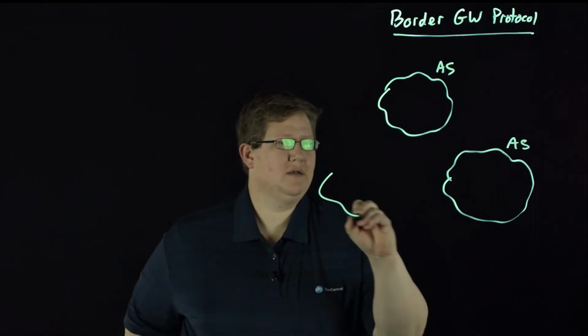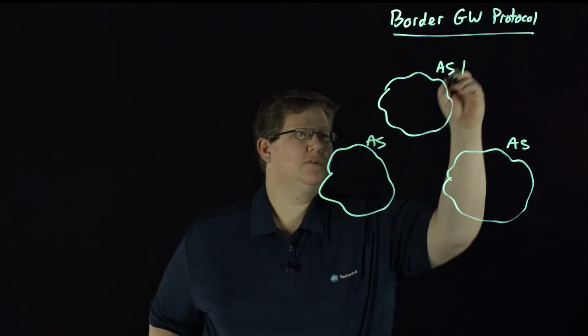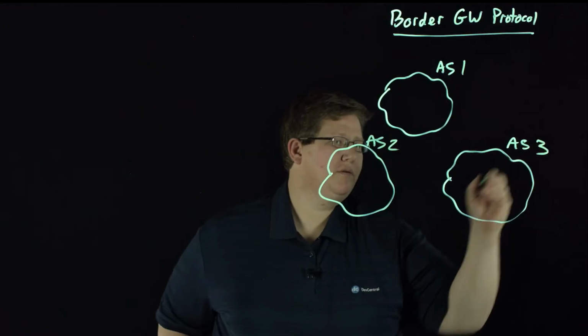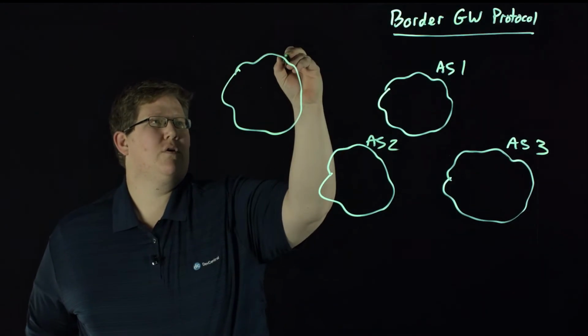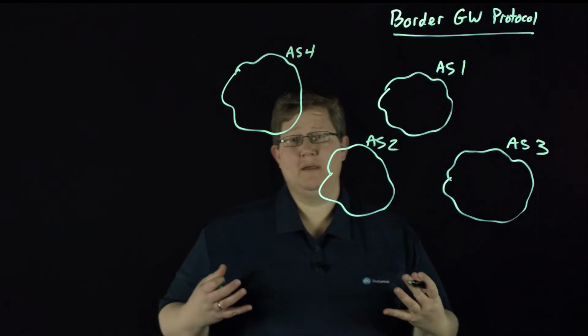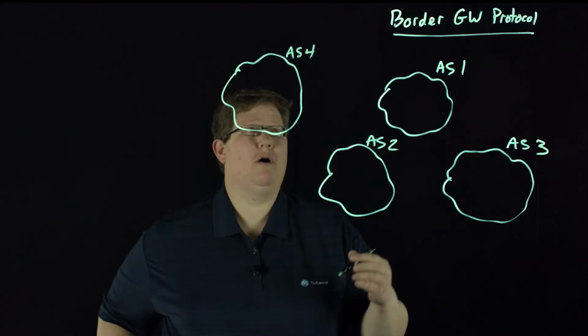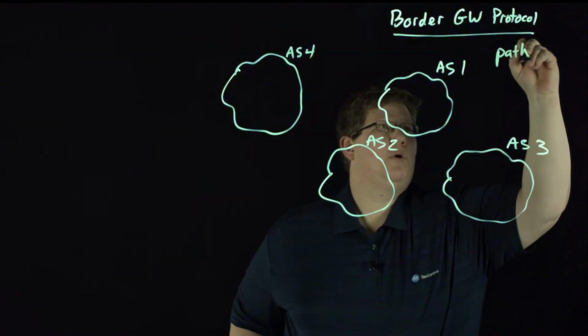I don't have the numbers memorized, so we'll just say 1, 2, 3, and let's put a fourth one out here. BGP is the routing protocol, and it is actually a path vector protocol.